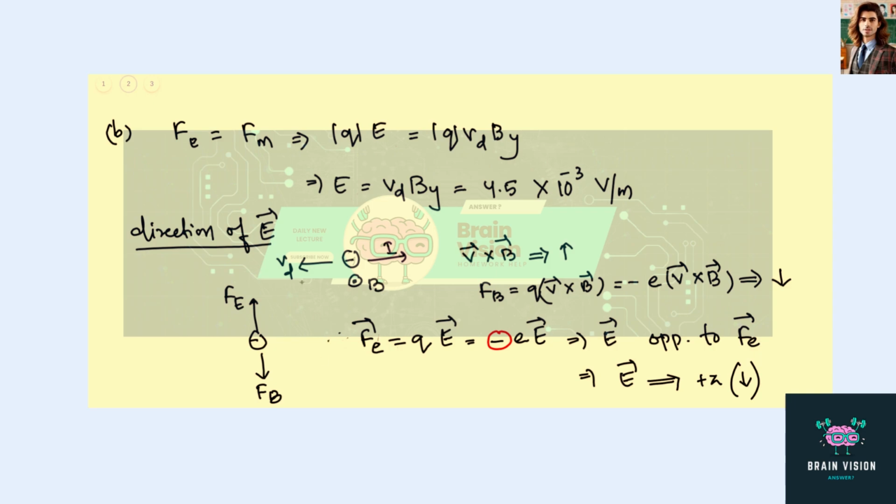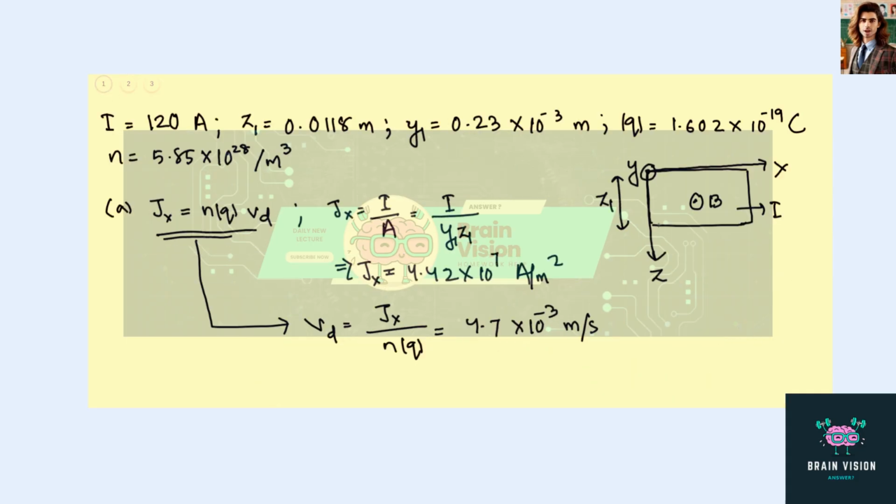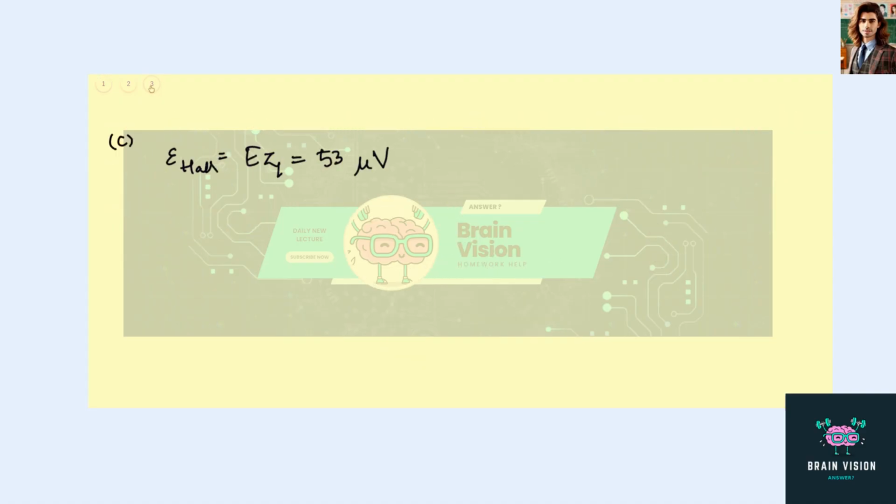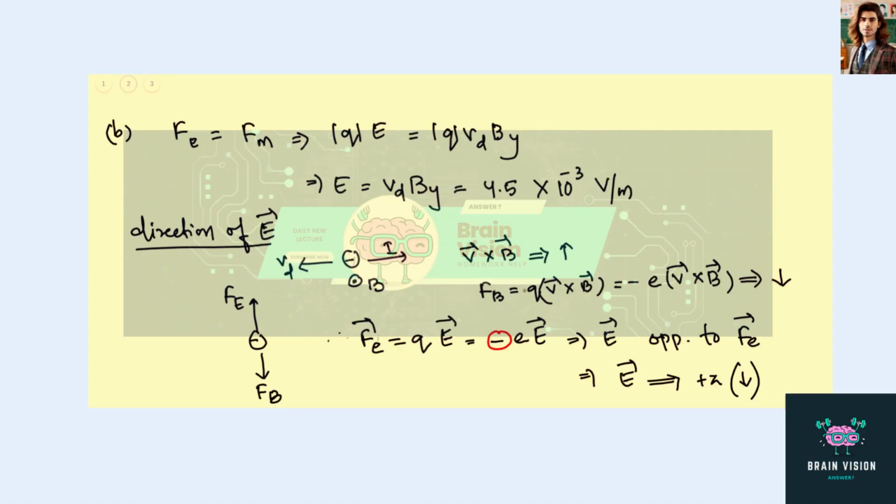Now for the direction, we know that the drift velocity of the electron is in the opposite direction to the current, and by right hand rule we get the cross product of v and B to be along the negative z direction. So as you see here, our positive z is downward.